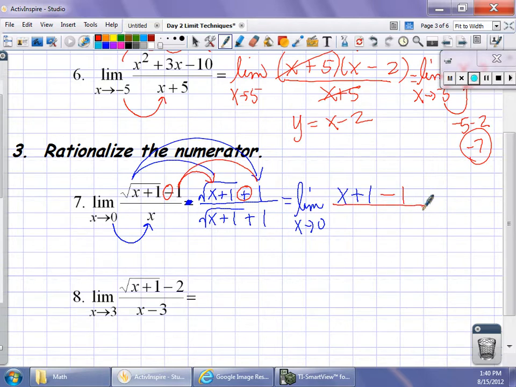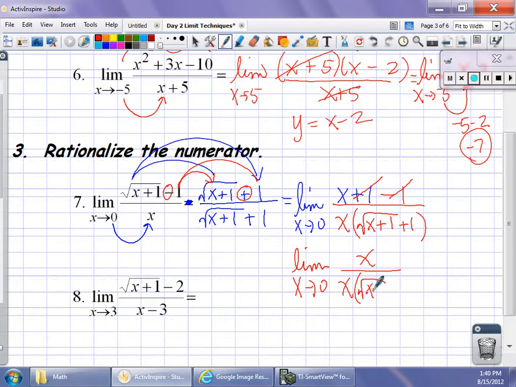Now in the denominator, notice that I'm not going to distribute the x. I'm going to leave it as an implied multiplication problem. And you'll see why in just a second, or you probably already see why. In the numerator, the 1's are going to subtract out, and so I'm left with the limit as x approaches 0 of x over x times the square root of x plus 1 plus 1.